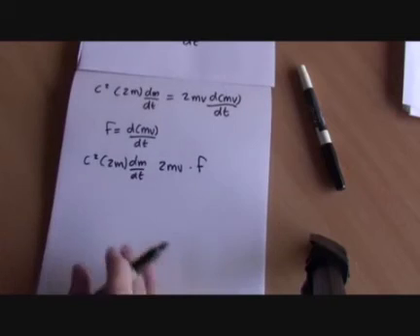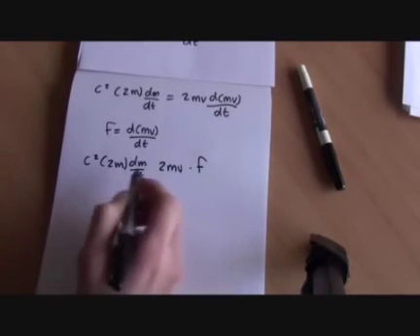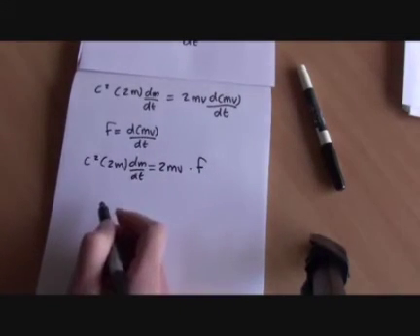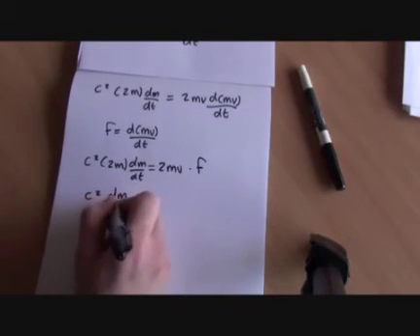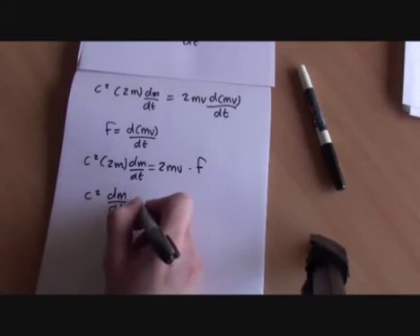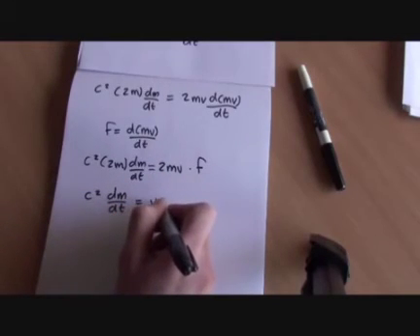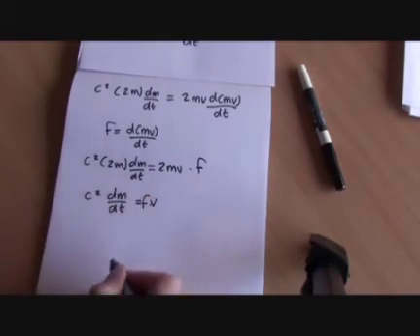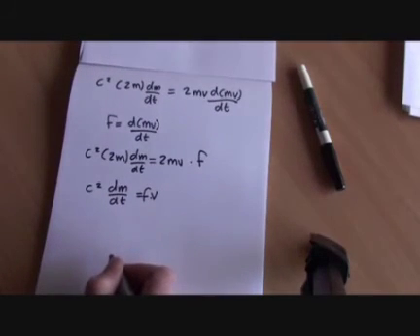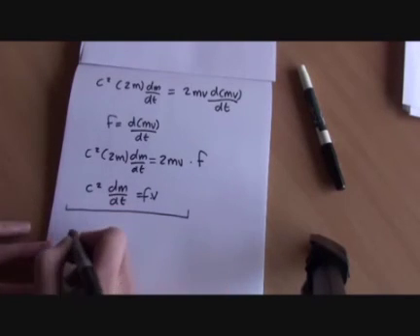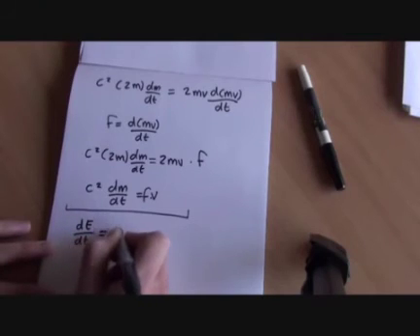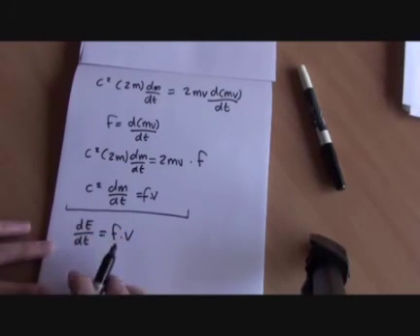Okay, so the next thing that we're going to do is, well, we've got 2m on both sides, so let's divide through by 2m. Okay, so it becomes c squared dm by dt equals v times F. I'm going to stick the F in front for reasons I'm about to explain. We understand and we have seen before that the rate of change of energy with time is equal to force times velocity.